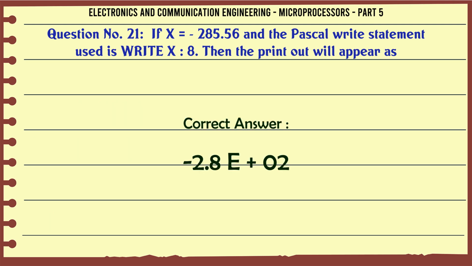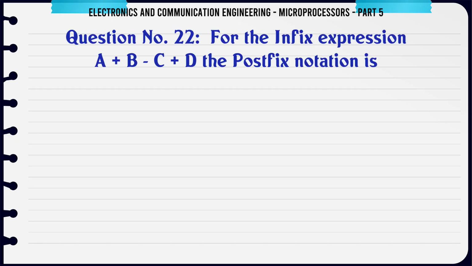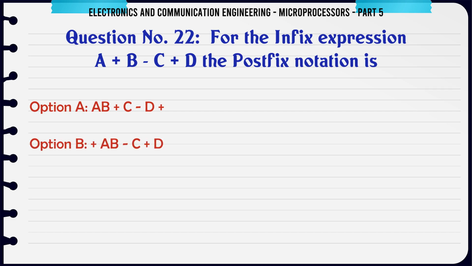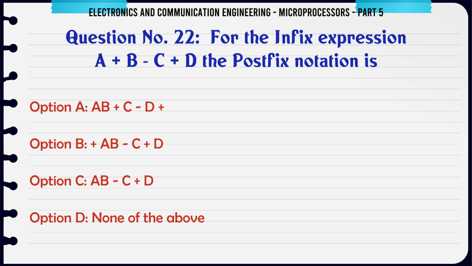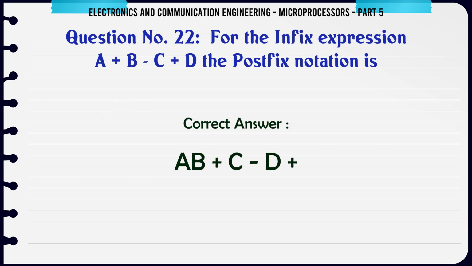The correct answer is 2.8E02. For the infix expression A+B-C-D, the postfix notation is A. AB+C-D-, B. AB+C-D-, C. AB+C-D-, D. None of the above. The correct answer is A.